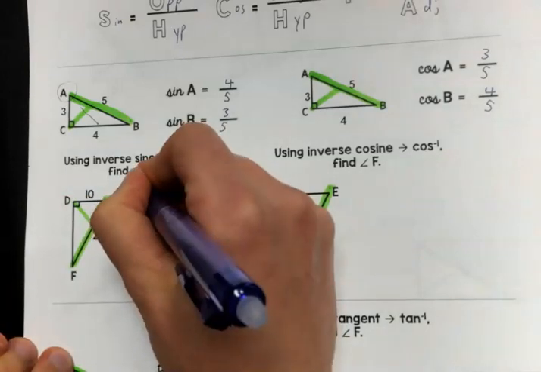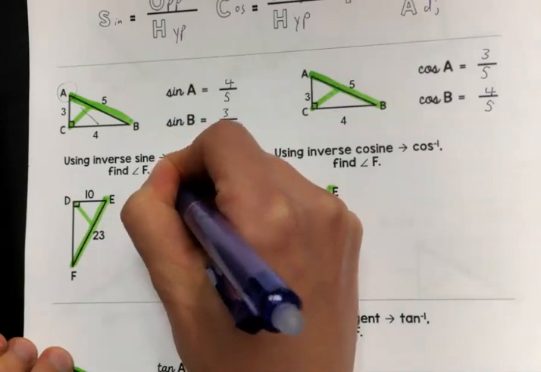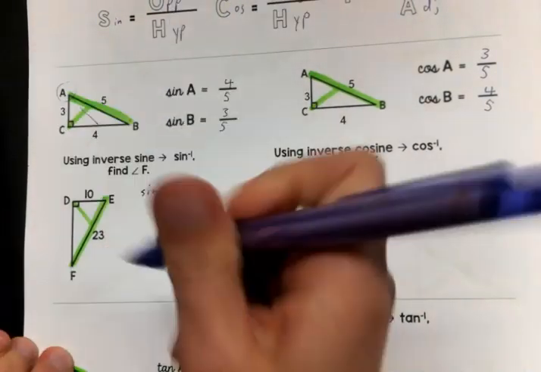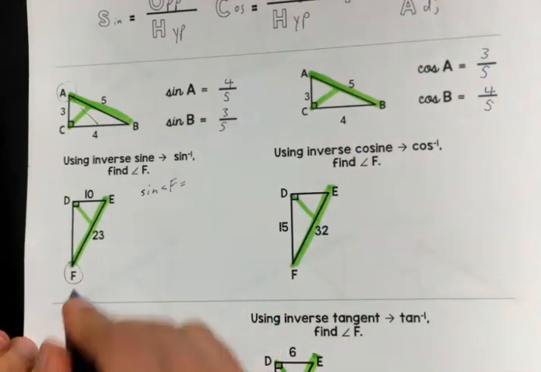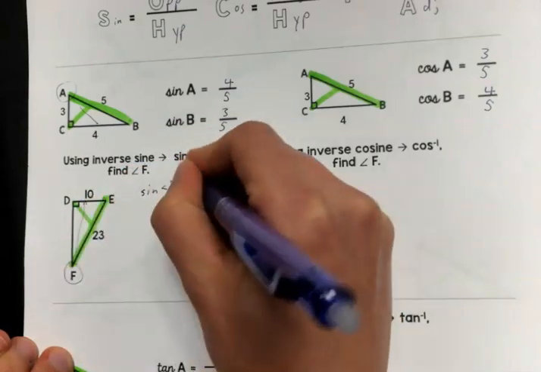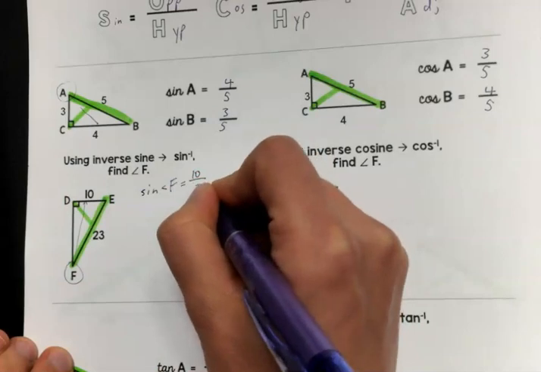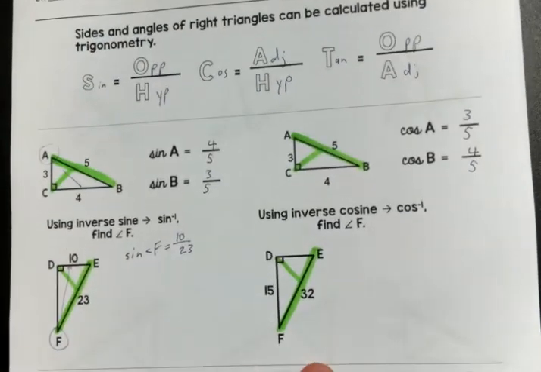So for angle F, we say sine of angle F is equal to, same as before, opposite is 10, and the hypotenuse is 23, because for sine we go opposite over hypotenuse.